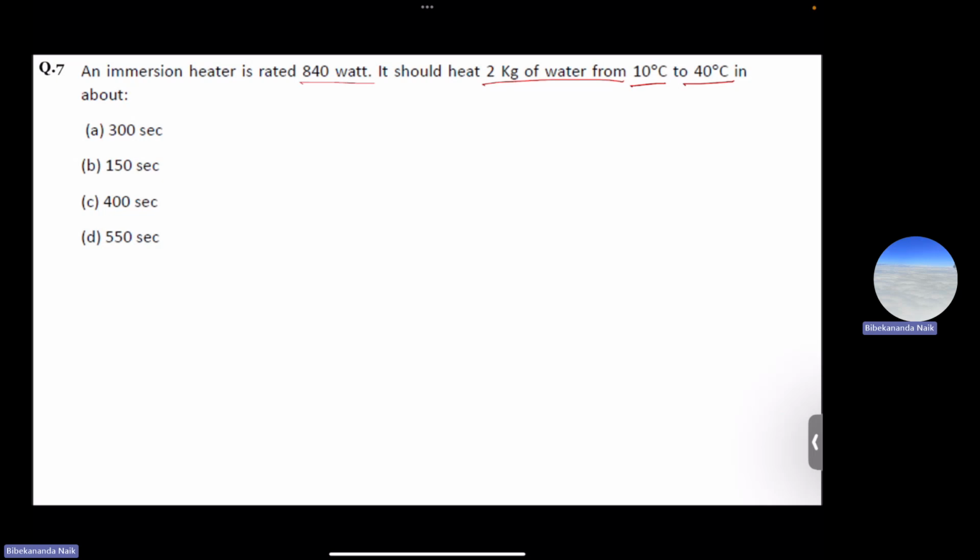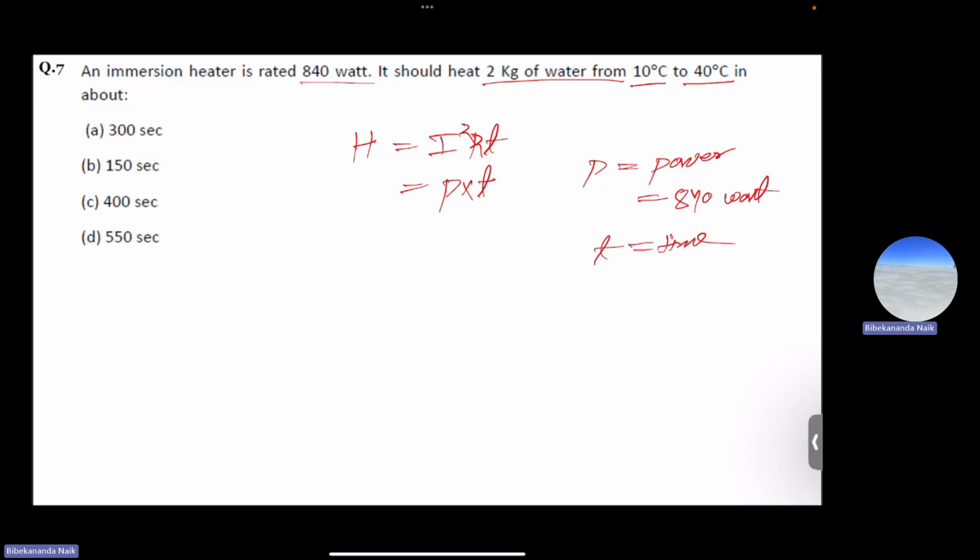So let's solve this one. The amount of heat produced due to the Joule heating process is I square Rt, or P into T, where P is power, that is 840 watt, and T is the time required.